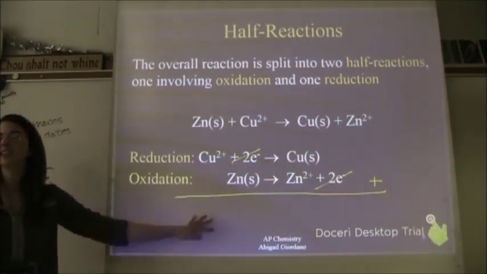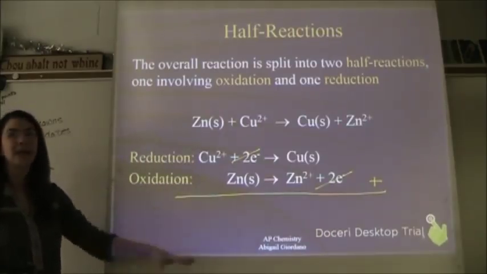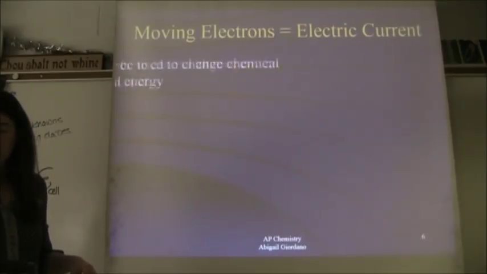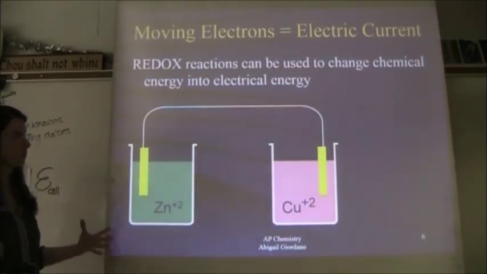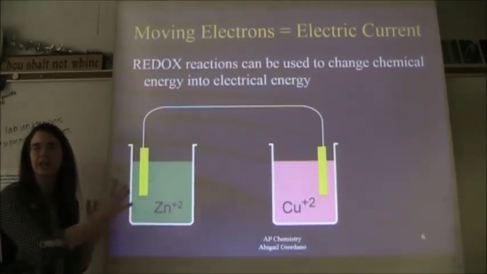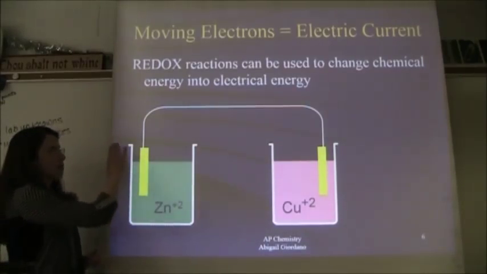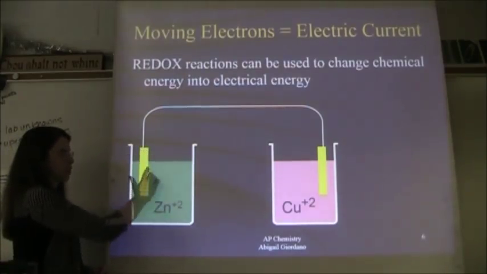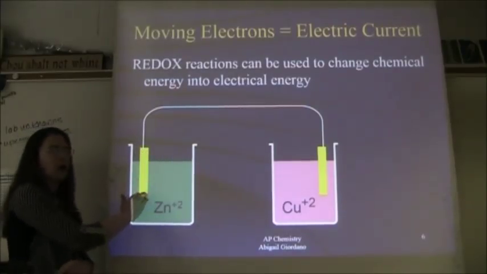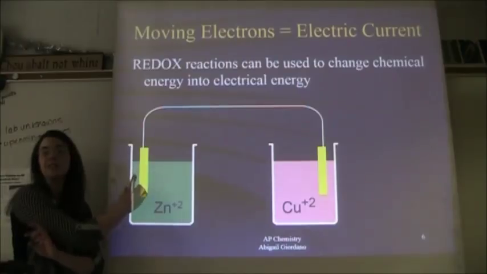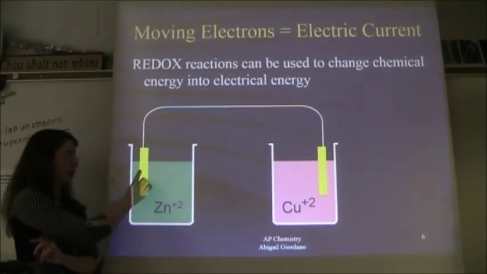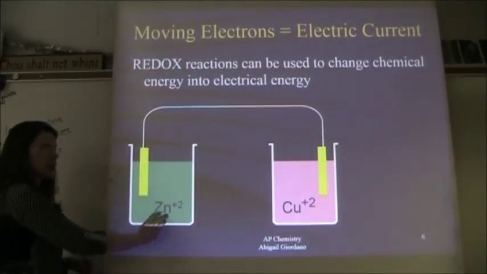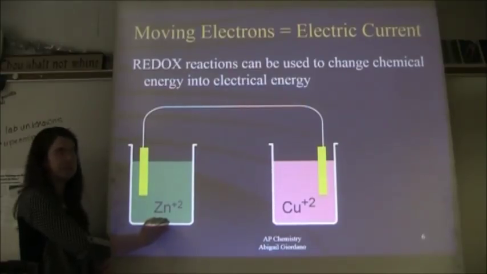Now, what kind of a setting are we going to see this in to make this an electrical situation? We're going to see something like this. All right, let me explain to you what this graphic is showing. Okay, I've got a beaker here, this yellow bar would be representing a piece of pure zinc metal, which is immersed in a solution that contains zinc ions.